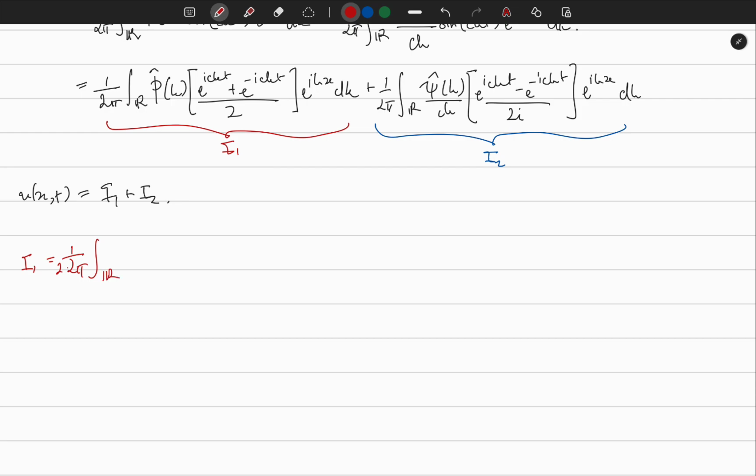Integral going over the reals of phi hat of k times e to the i, ct plus x, ikx, plus phi hat of k times e to the i, ct minus ct, plus ikx dk.